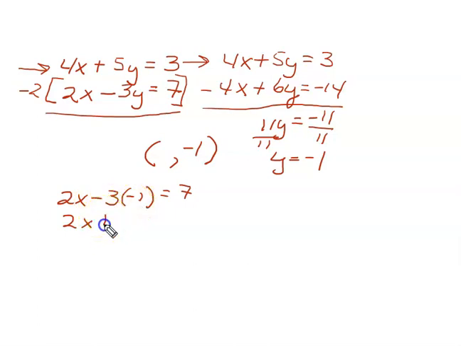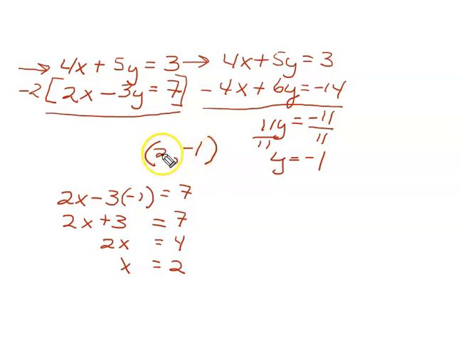This is going to be a plus 3 equals 7. Now I'm going to subtract 3 from both sides, and I get 2x. I'm subtracting 3, transposing that. This is a 4. Divide both sides by 2. x equals 2. So my ordered pair solution then is 2 comma negative 1.